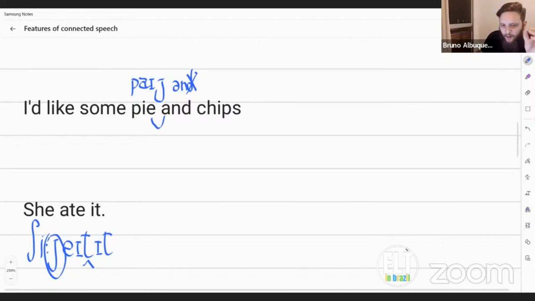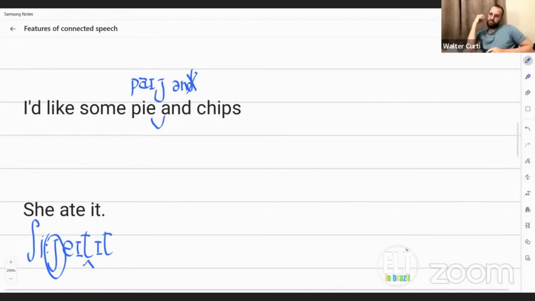The only way of not pronouncing this intrusion, in my very personal opinion, is if you pause. Because if you don't pause, it's impossible. You move through it. So "pie and chips." The articulators go through the Y to open to the N sound.